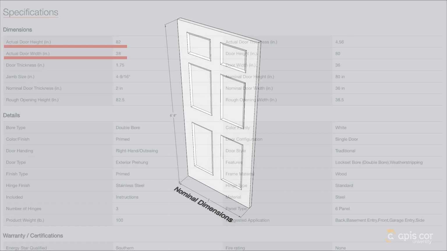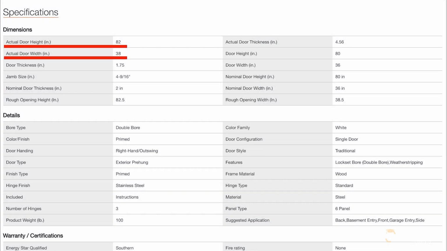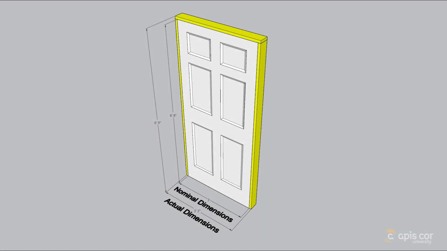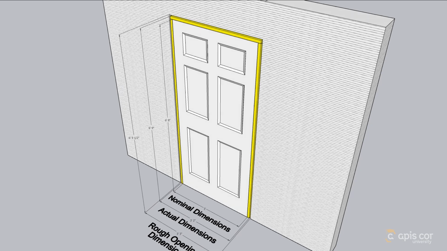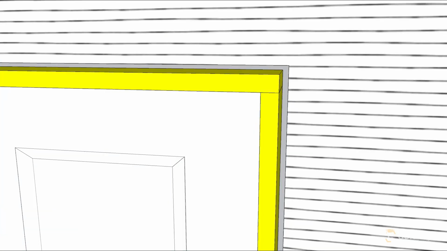If you're installing a pre-hung door, then you may also find a set of actual dimensions that do include the size of the door frame, which in this case is 3 feet 2 inches in width by 6 feet 9 inches in height. However, the rough opening dimensions refer to the size of the hole in the wall where the door will be installed, which is typically even larger than the door's actual dimensions.